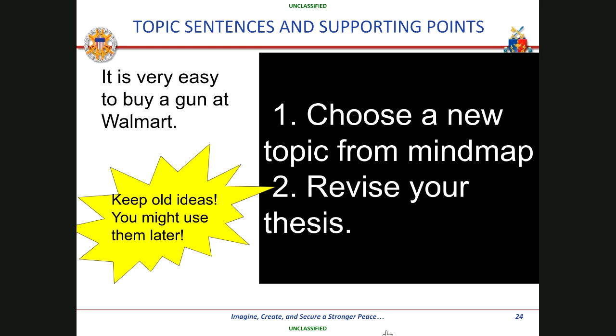So that is when I would revise my thesis and say something like, the military should be involved, but there should be stipulations. The military should be involved, but there should be requirements, or the military should be involved, but civilian organizations or law enforcement should have jurisdiction, should have priority, okay?